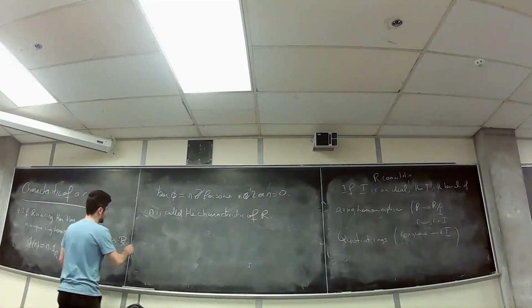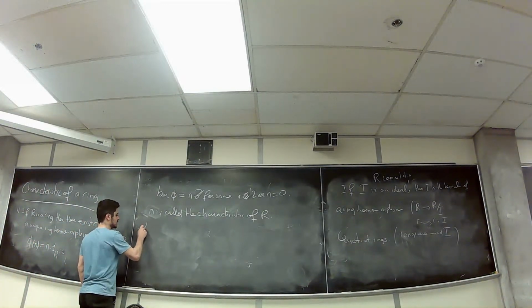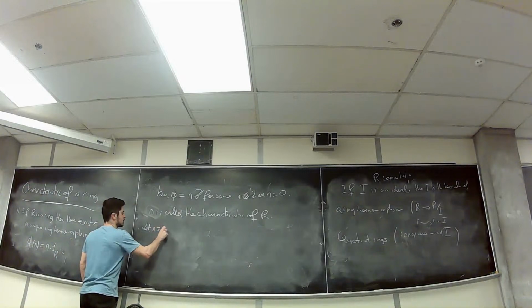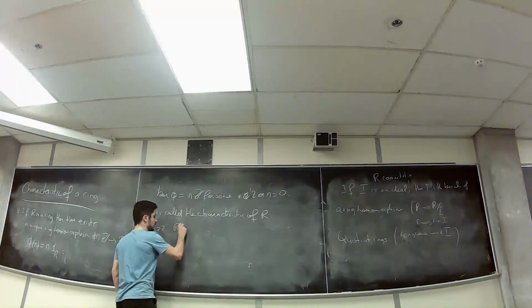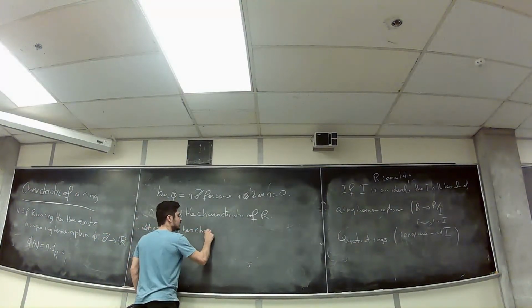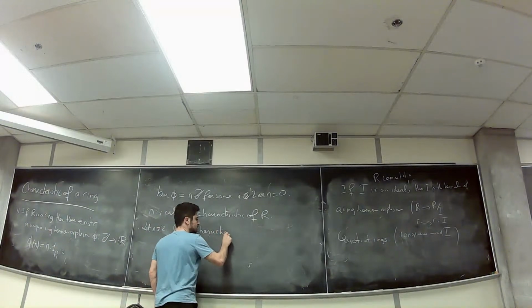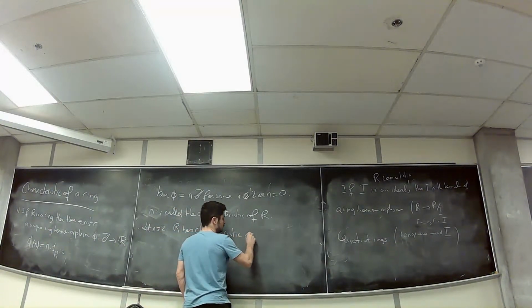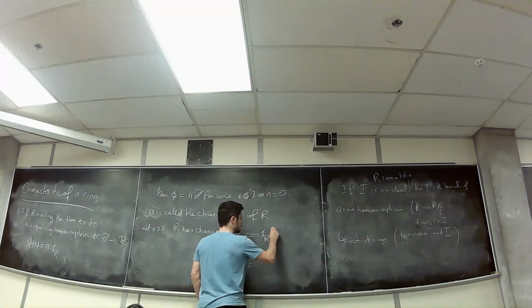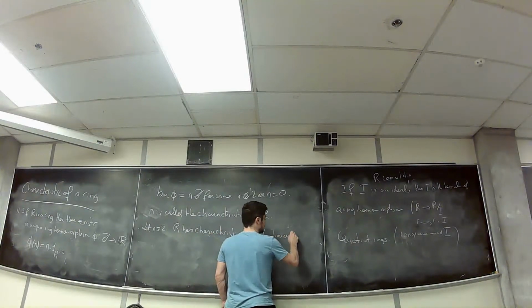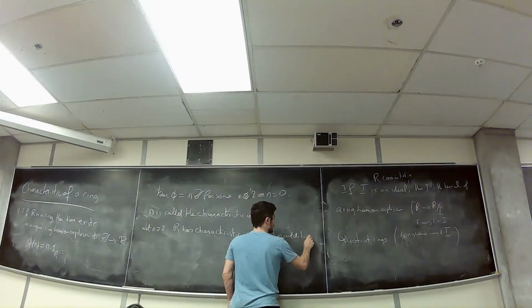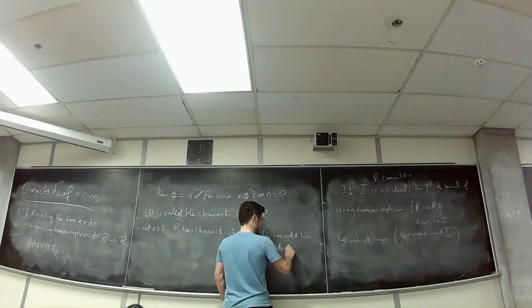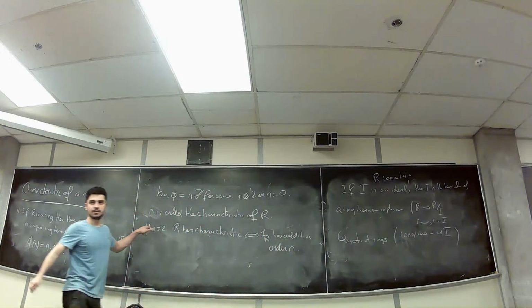Now, let R be a ring, let n be bigger or equal to 2. R has characteristic n if and only if 1_R has additive order n. That's a very important theorem.